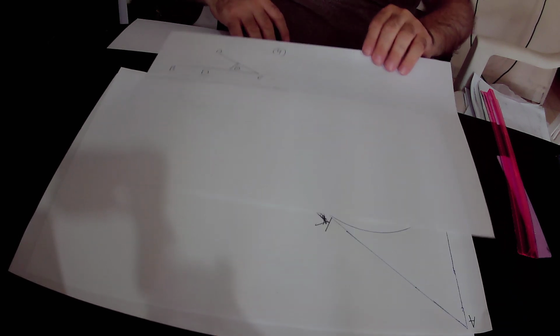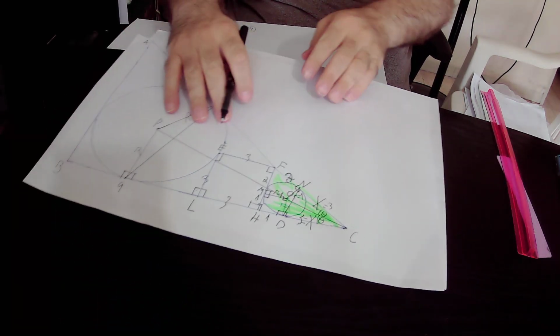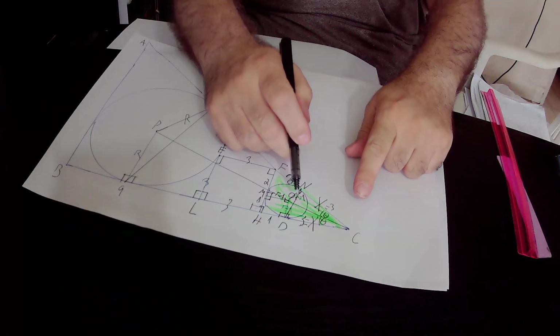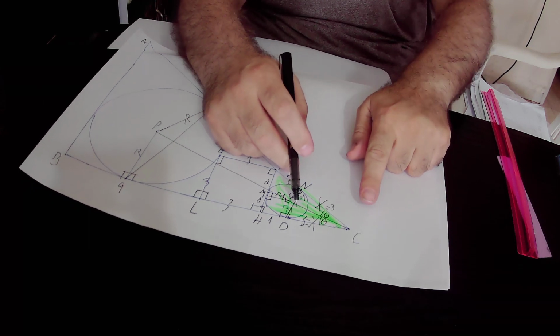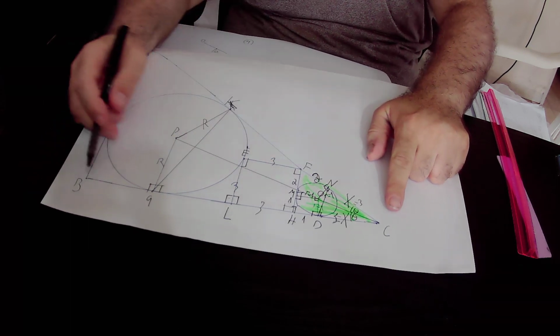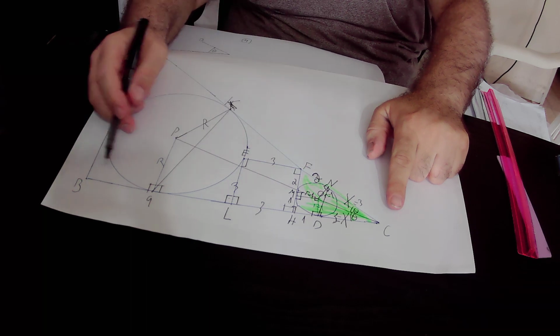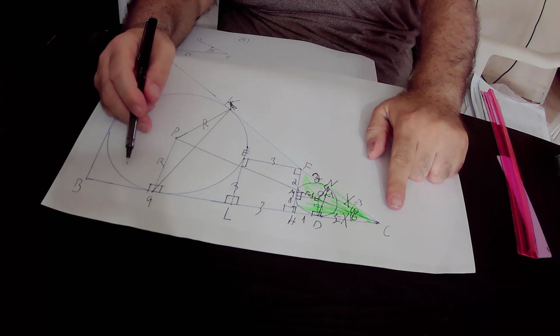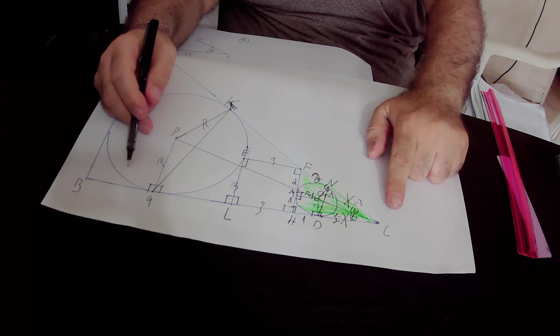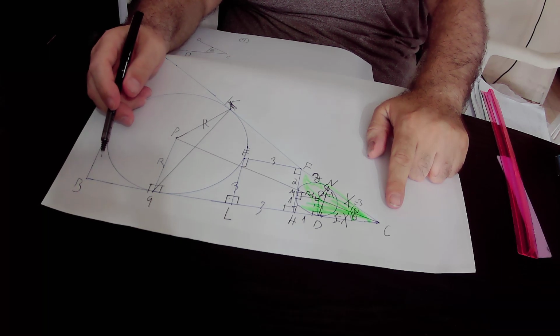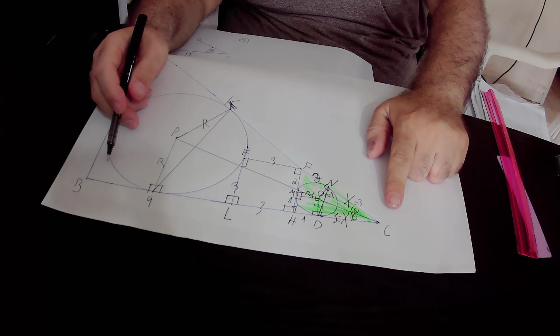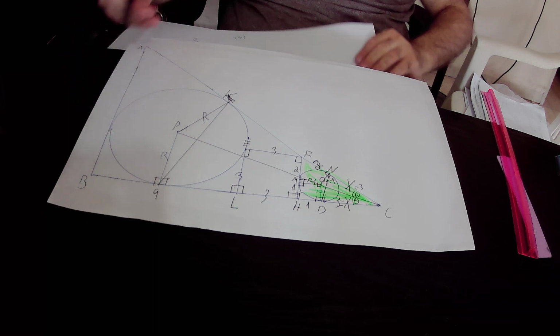And it is very easy to see from the drawing that the leg DC of the angle is part of BC. So if DC is part of BC, it means that DC and BC are located on the same straight line.